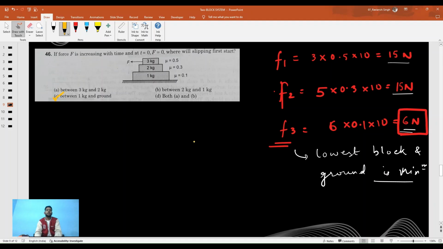Okay. So with this example, we have come to the end of this concept application video. I hope I have been of some help. I have tried my best to help you understand the concept behind the two block system and the three block system, and how it should be done efficiently to save your time.